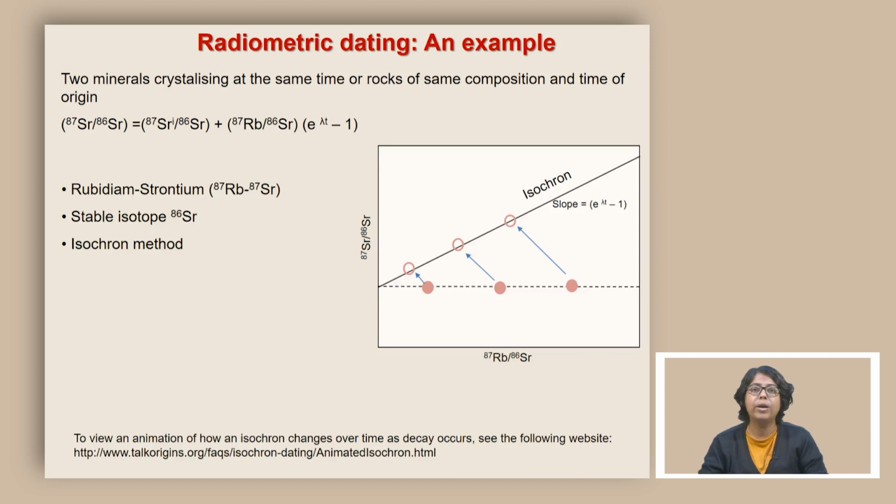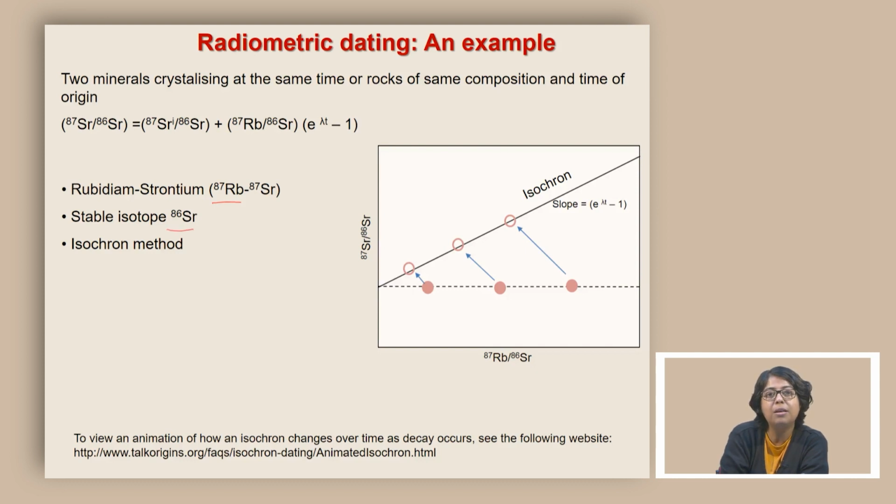So, we are going to look at a system called the rubidium strontium system. This is quite a common dating method, where rubidium 87 decays to strontium 87. Now, there is also a stable isotope of strontium, which is strontium 86.